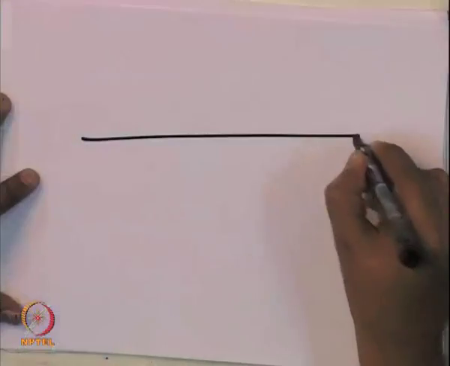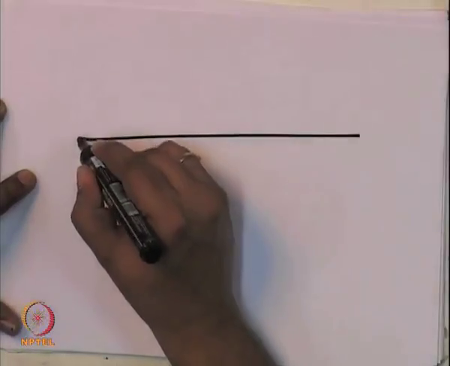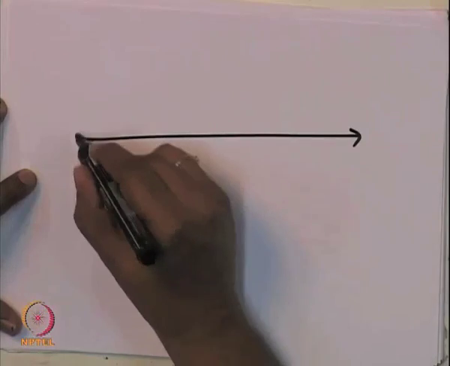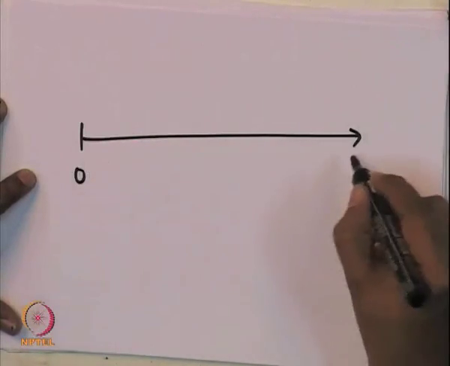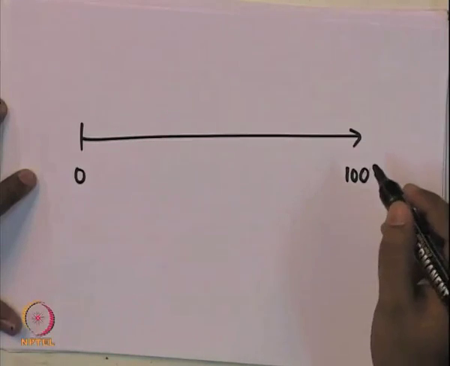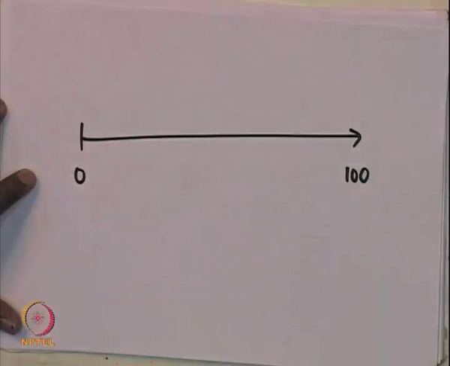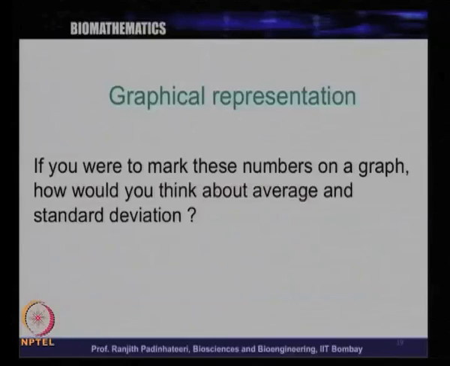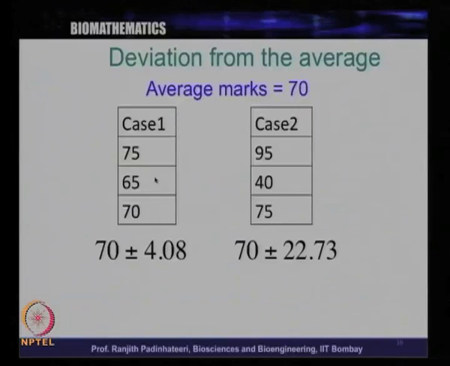Let us take the example of marks itself. You have a line representing marks. This is 0 and this is, let us say, 100. The marks we discussed in the example, in these two examples, one was 75, 65, 70.